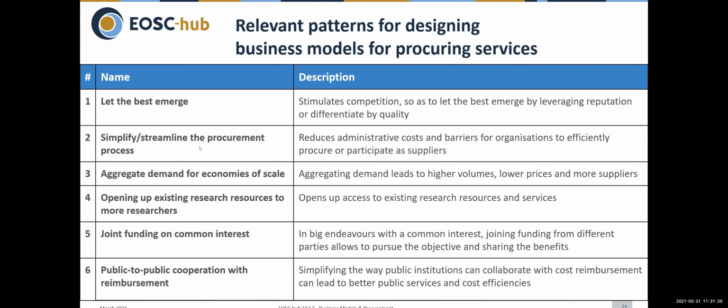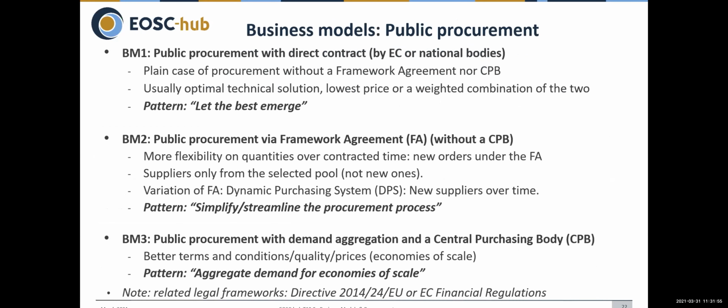Then there is simplifying, streamlining the procurement process, which is probably the derivative of the first one, also aggregating demand for economies of scale. Then opening up existing research resources to more researchers, especially for research infrastructures. This applies to virtual access. Joint funding on common interest in cash or in kind, and public-to-public cooperation with reimbursement of costs. So I will go into the details now.